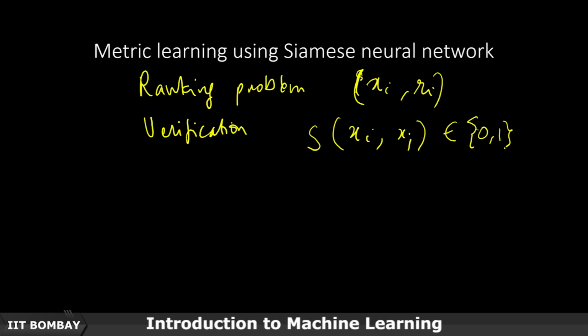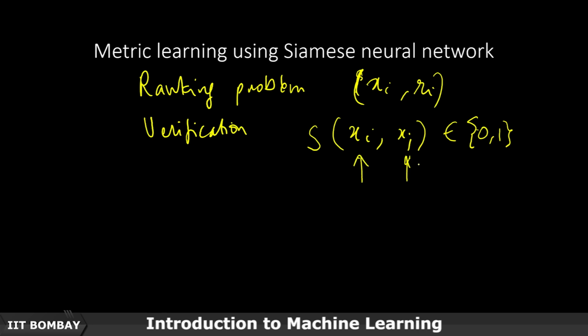So we want to maintain a database of a few images of each person, and given that the person is showing their ID and their face, we want to verify that this is the same person as they are claiming to be. So we want to take the test image, compare it with the training images and see whether it is the same person or not.